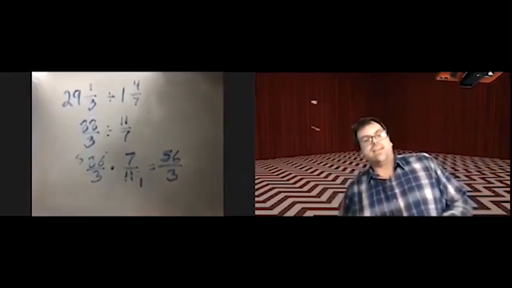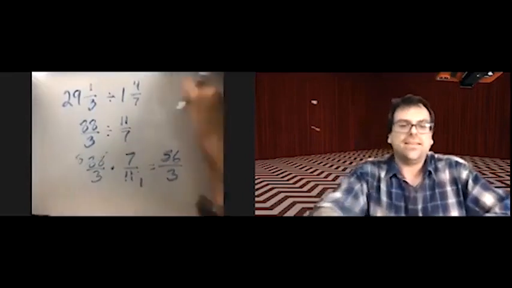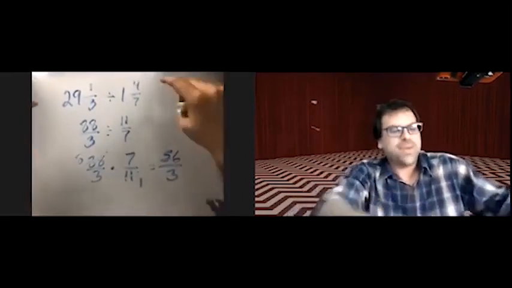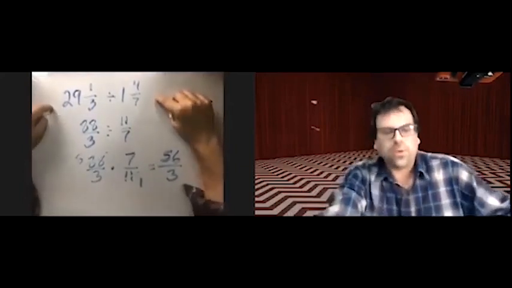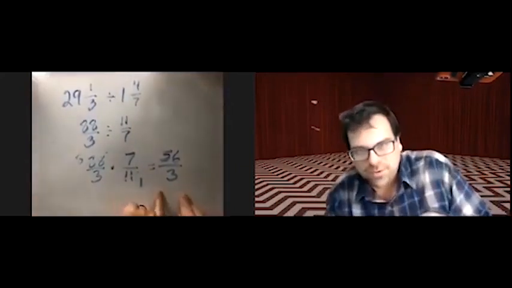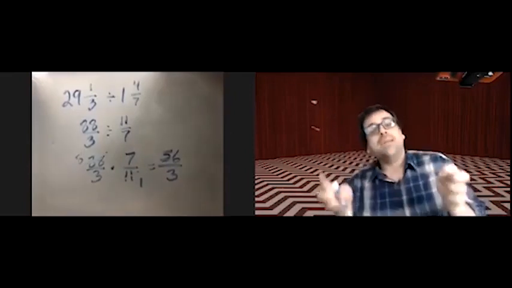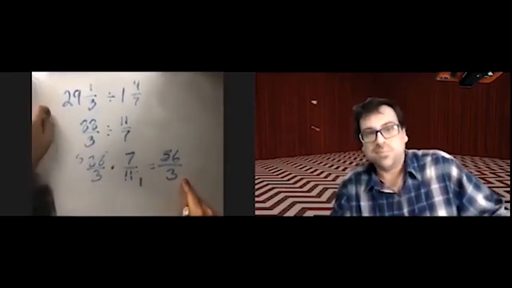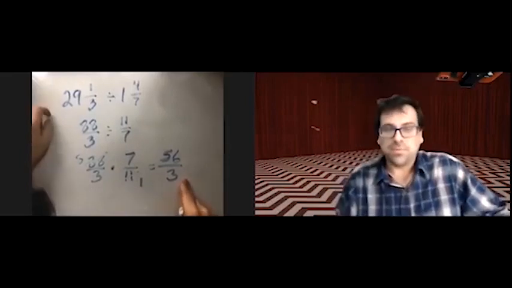Because finally, a problem with mixed number division where we got an answer that was an improper fraction. And that means we have to turn this improper fraction into a mixed number to match how the problem was given.